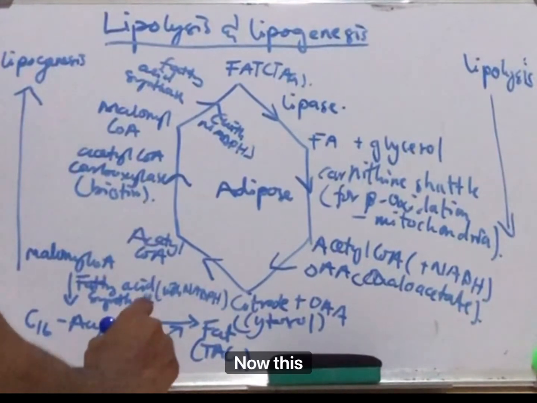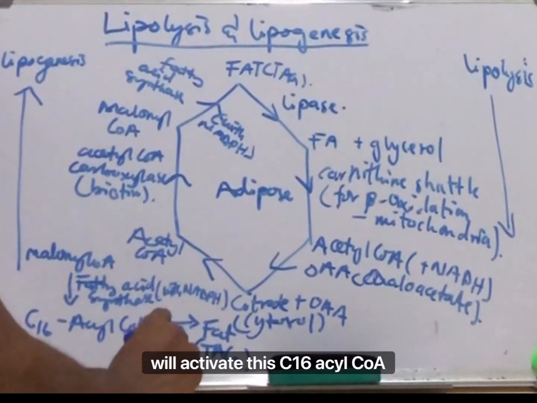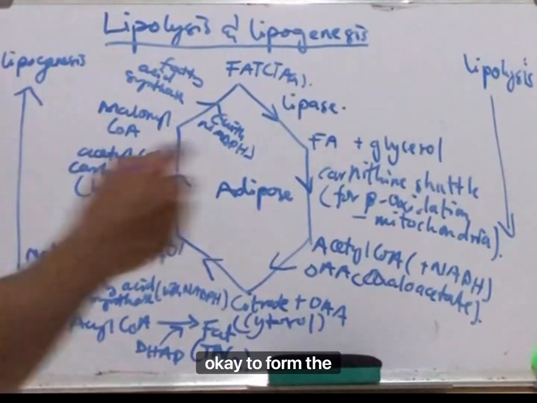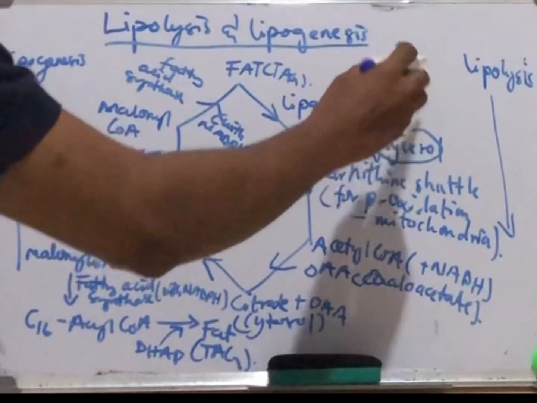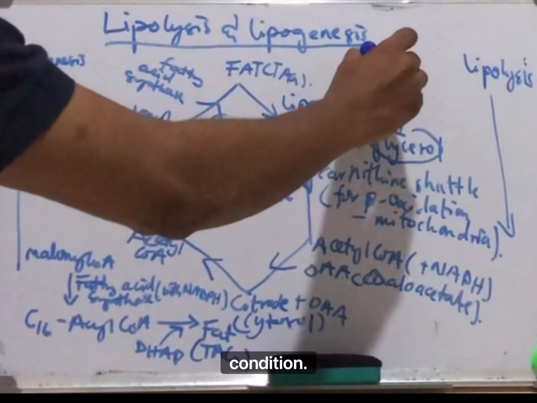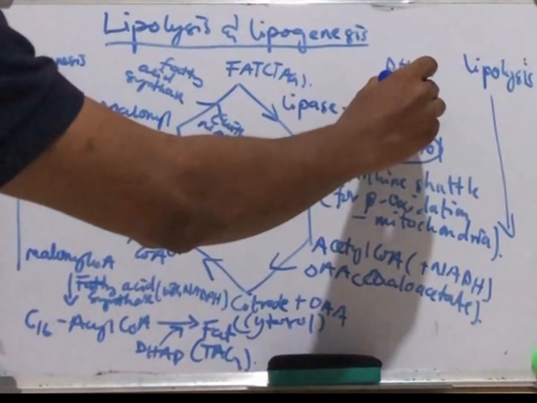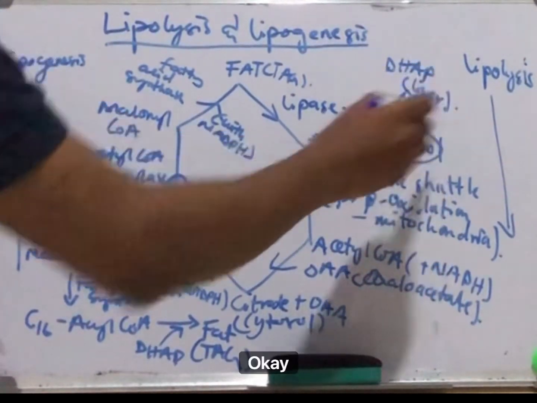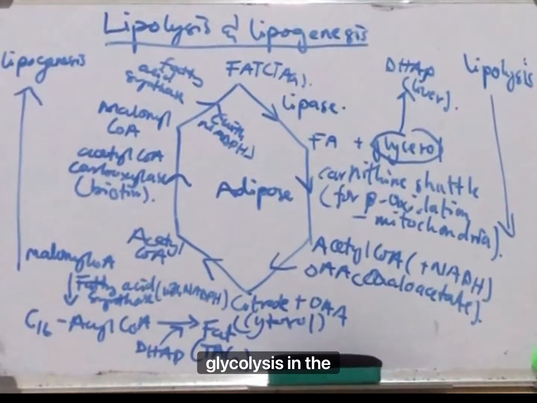Now, this DHAP will activate this C16 acyl CoA to form the fat, or triacylglyceride. In the normal condition, the glycerol will be converted to dihydroxyacetone, which will be shunted to the preparatory phase of glycolysis in the liver.